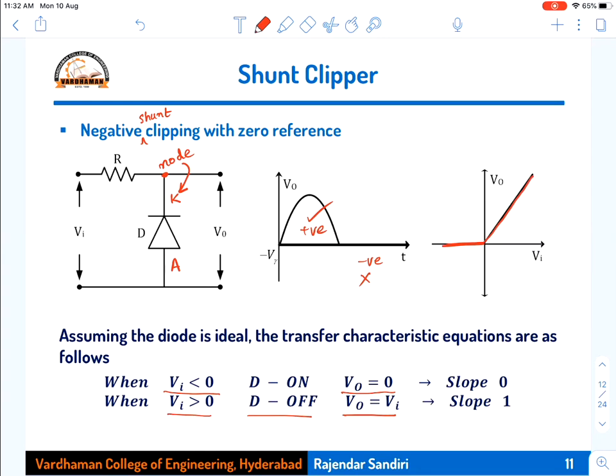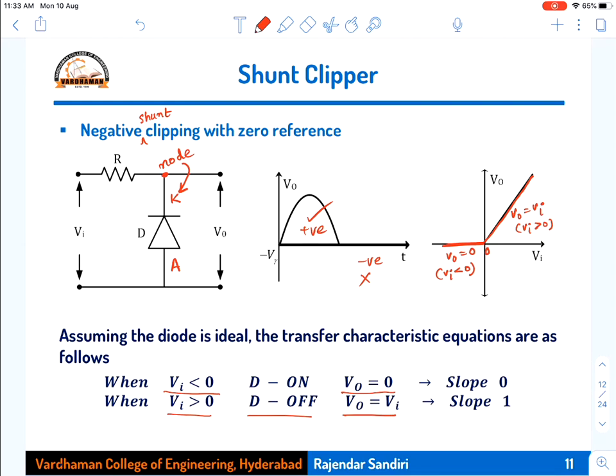For Vi less than 0, V naught is equal to 0.